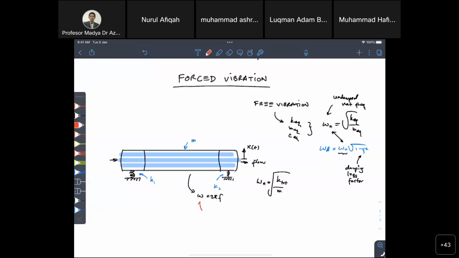So this one is the frequency of the fluid, related to the speed of the fluid, which then generates the vibration of the pipe. So the pipe will vibrate according to this frequency.